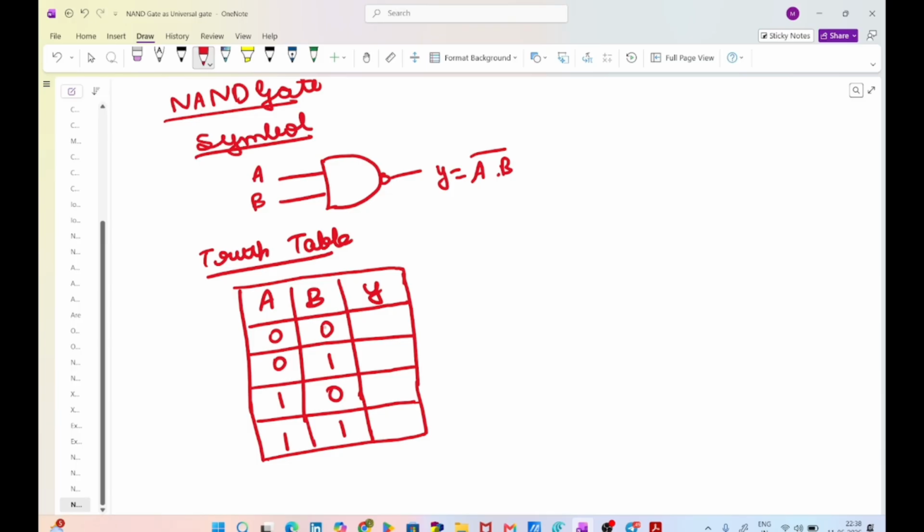For 0 0 the output is 1, for 0 1 the output is 1, for 1 0 the output is 1, and for 1 1 the output is 0, right?